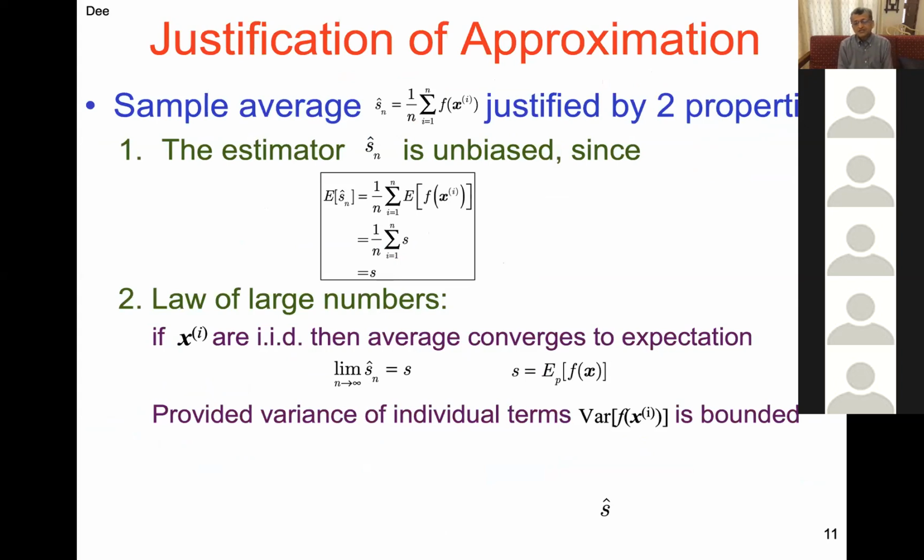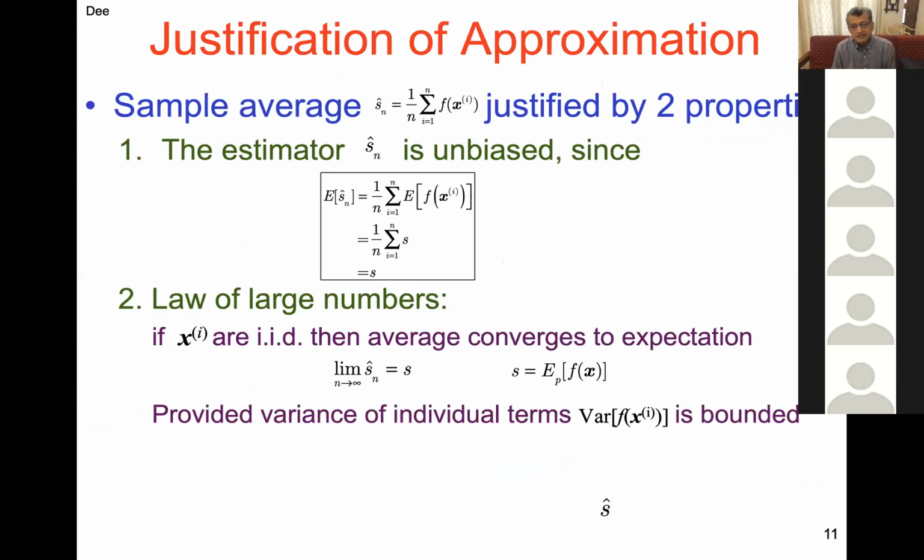So now we should ask two questions. Justification of the approximation: how does this value, the sample mean, approximate the expected value? It is justified by two statistical properties. We are just talking about basic statistics here.